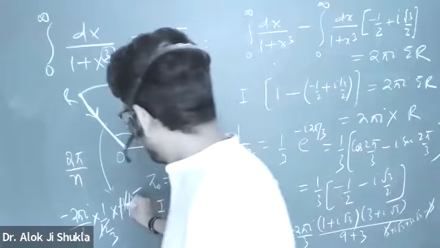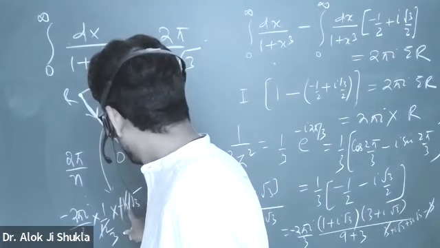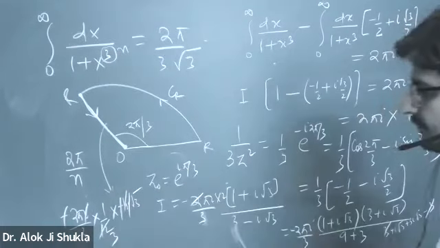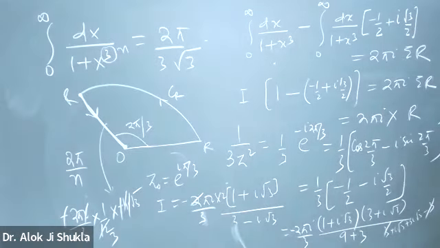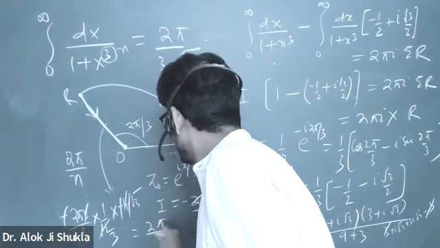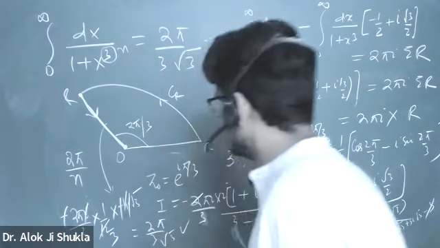Iota minus gone. Okay? Yes, sir. So now what we have? 2 pi by 3 root 3. Yes, sir. 2 pi upon 3 root 3. Okay?